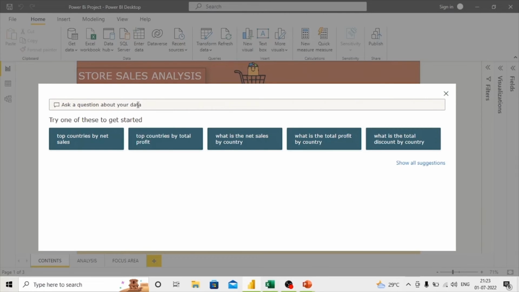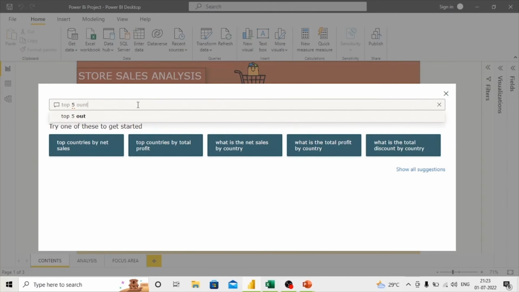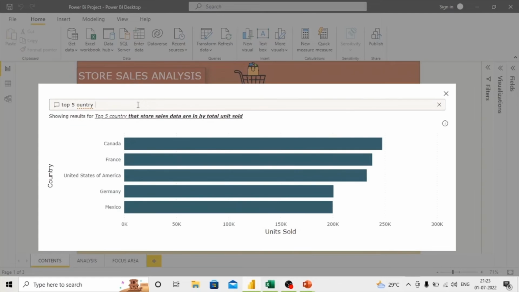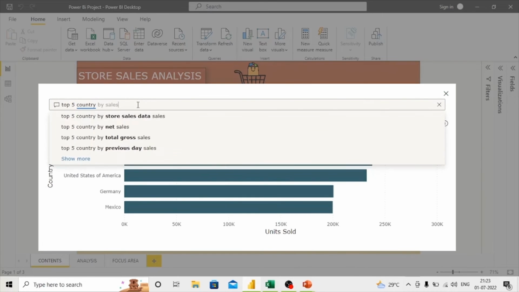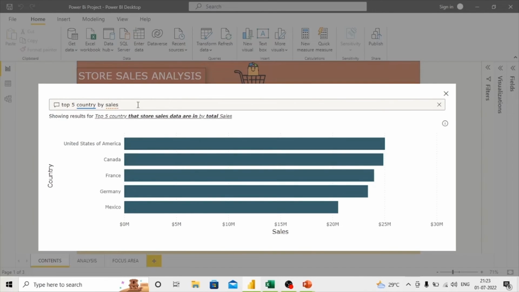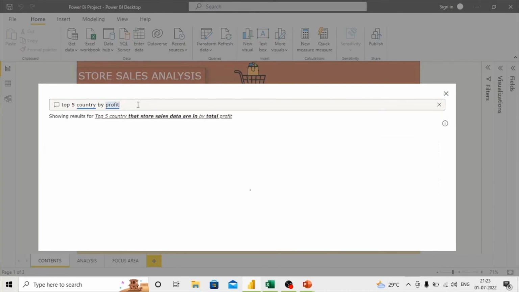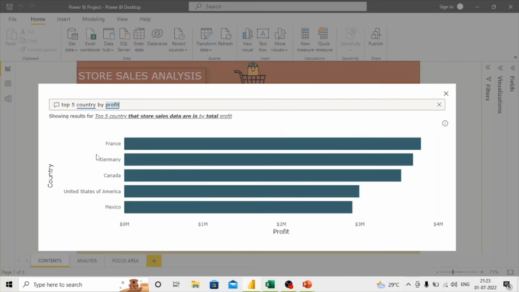For example, if I want to know the top 5 countries by sales or by profit, we can see that France has the highest profit.